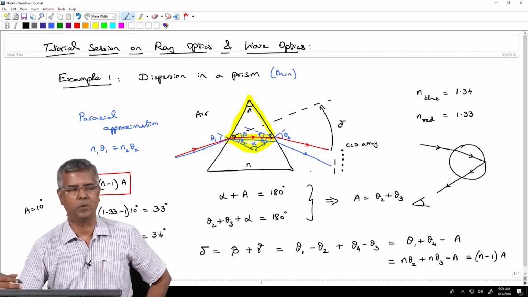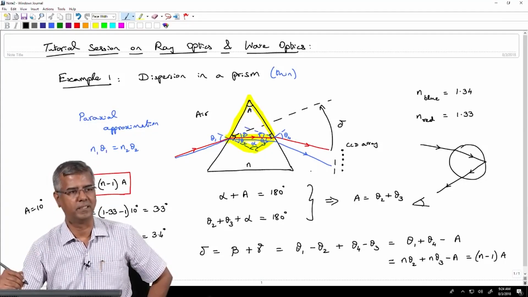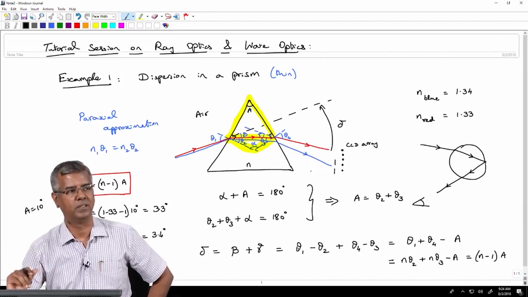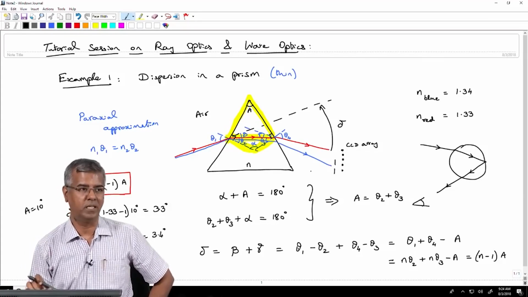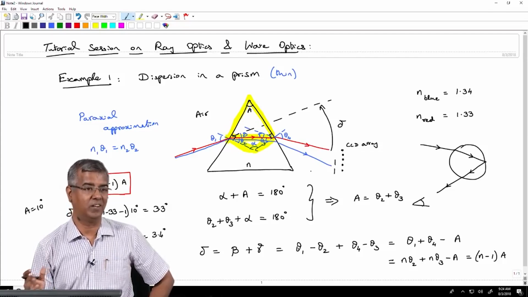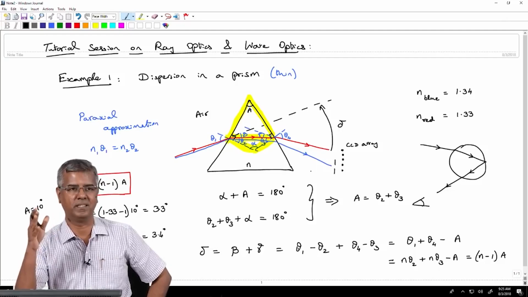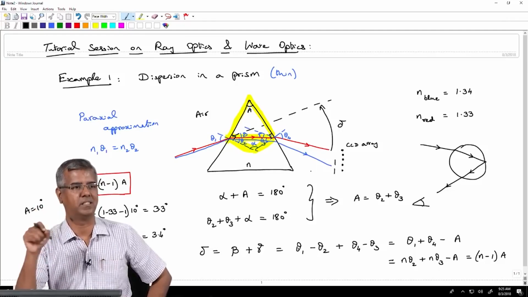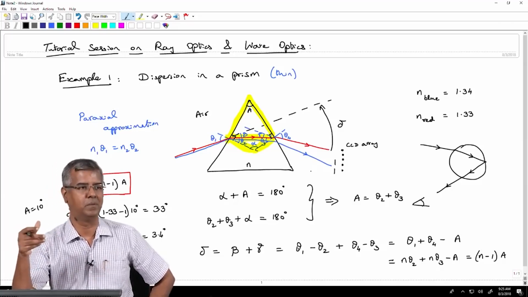So modern day spectrometers could be differentiating colors by using some dispersing element. It could be a prism, or it could also be a grating, which we had not talked about, where the depth of the corrugations in the surface is periodic, and that can give a similar effect.